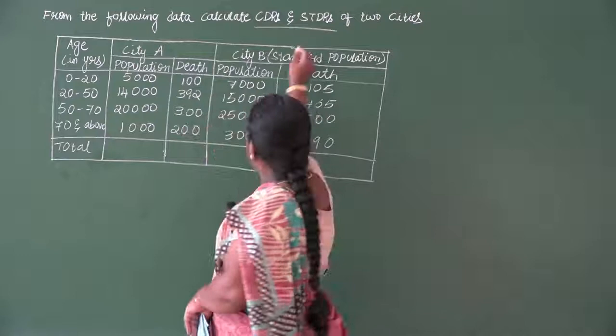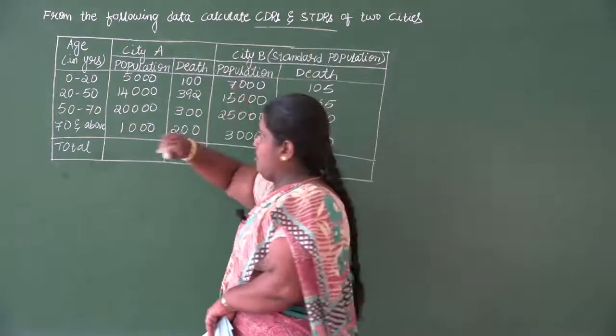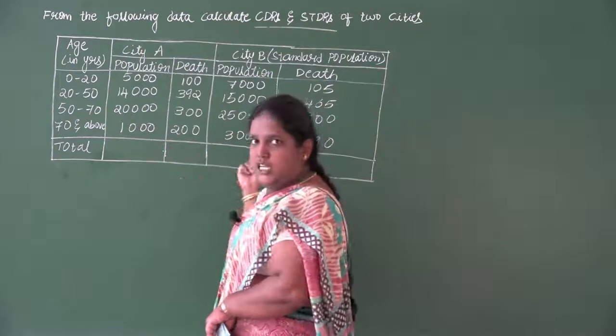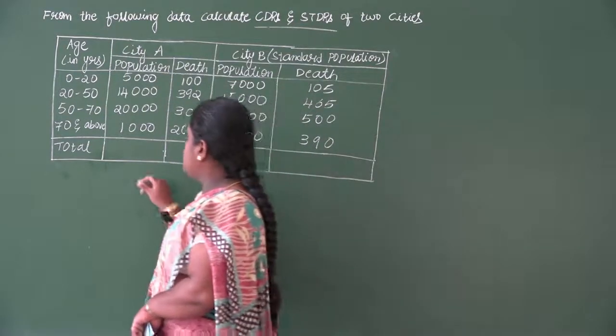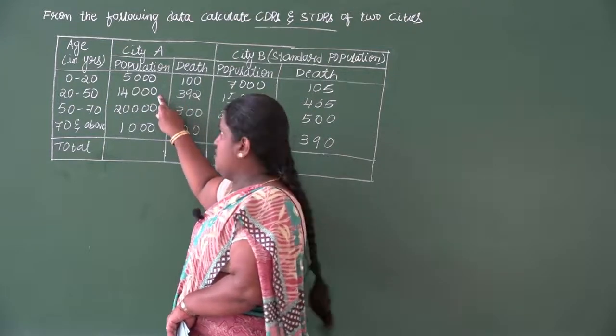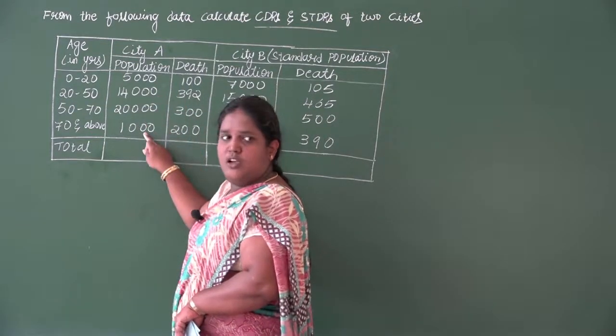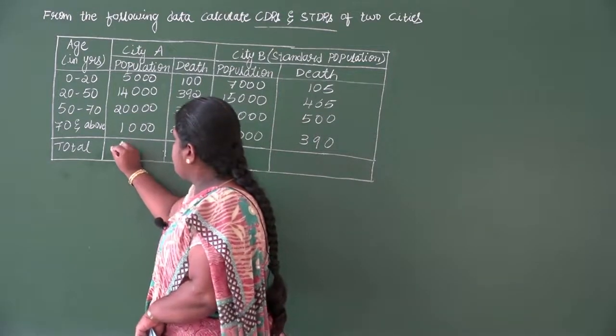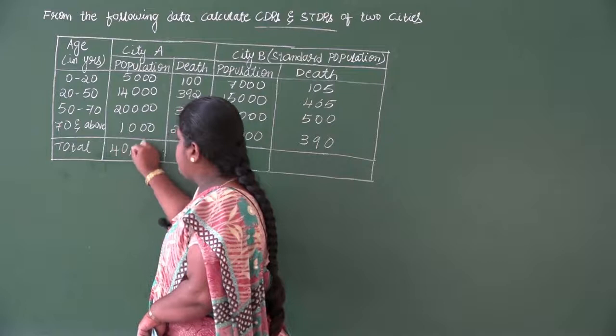So since we first have to calculate the crude death rate, we need the total of the population and deaths for both city A and city B. So do the total. For the first population, it is 5,000 plus 14,000 plus 20,000 plus 1,000. So when you add, you will get 40,000.